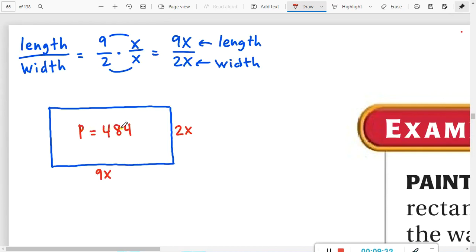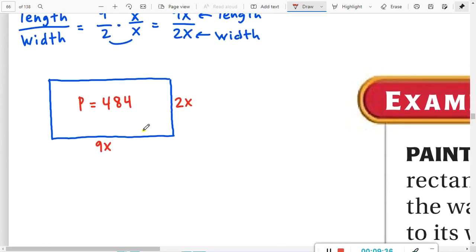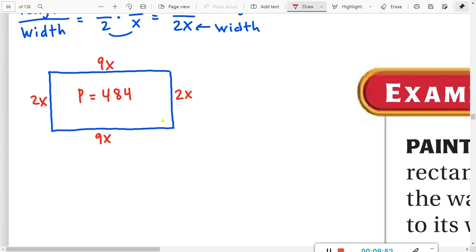It was given that the perimeter was 484. How do you find the perimeter of a rectangle? You just add up the sides. If this side is 2x, this side is also 2x, and if this side is 9x, this side is also 9x. Really, you don't need to write that in because it's a rectangle.